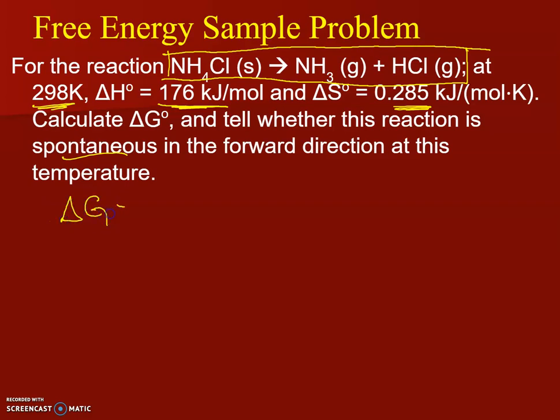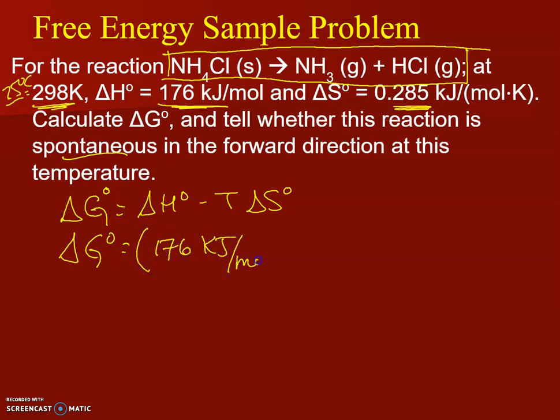So we use the delta G equals, since 25 Celsius is the same thing as 298 Kelvin, we know that delta H minus T delta S. All right, so what is my delta G value going to be? Okay, the delta H is 176 kilojoules per mole. And our temperature is 298 Kelvin times 0.285 kilojoules per mole Kelvin.